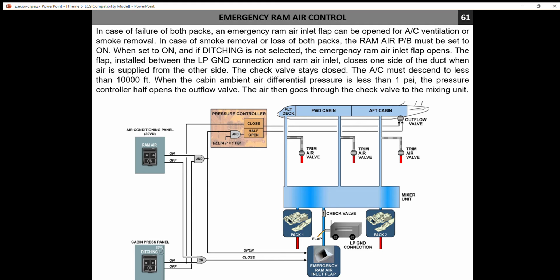To avoid a problem in case of emergency landing on the water, which is connected with water coming in through this emergency ram air inlet flap on the board. So before emergency landing on the water, it will be automatically closed.